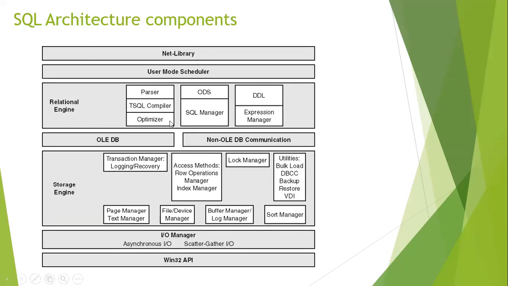The query optimizer gets the query tree from the parser, and it checks if an existing plan is already available or not. If the plan is available, it takes it and proceeds with execution. If we don't have an existing plan, then the query optimizer will go ahead and generate a new plan for the query.